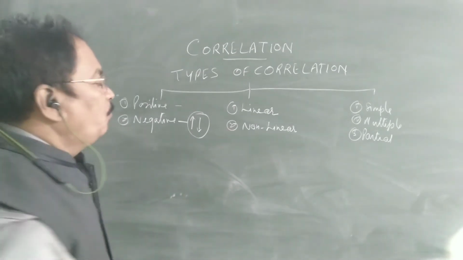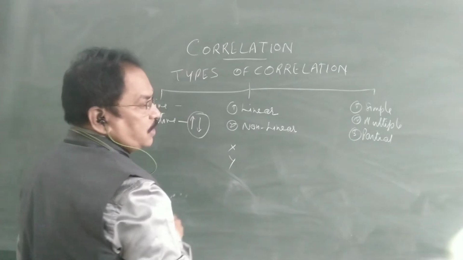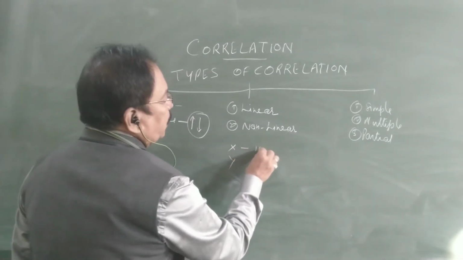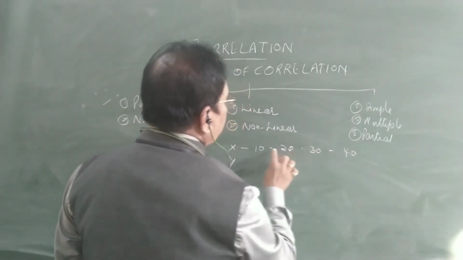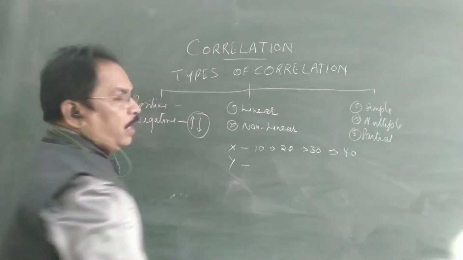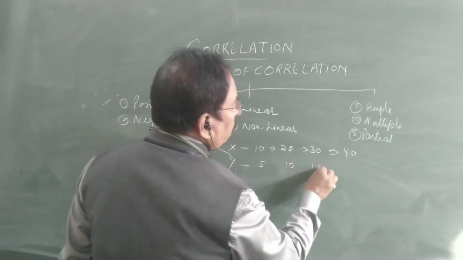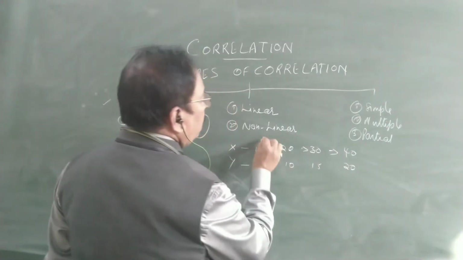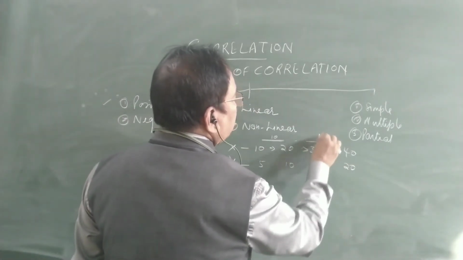Suppose there are two variables x and y. In x it is 10, 20, 30, 40. The change is taking place like this. Then in y the change is taking place like 5, 10, 15. Here the change in x is 10, here also 10, so everywhere the change is 10.